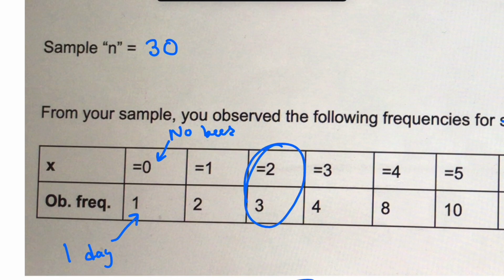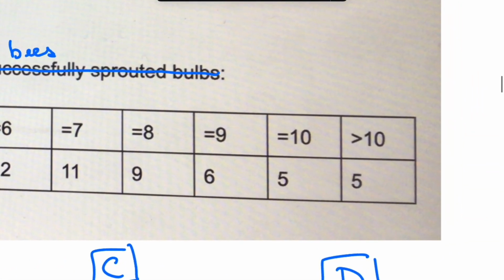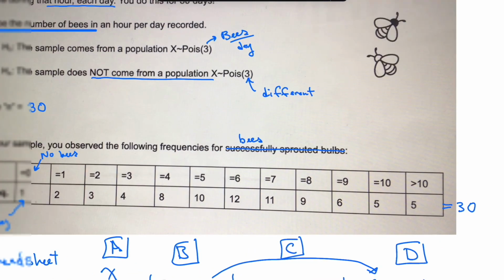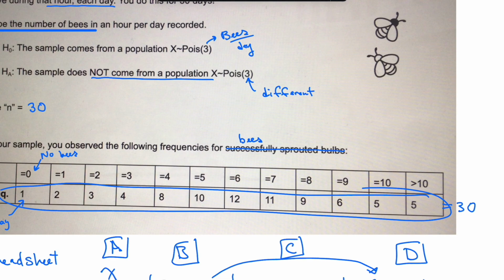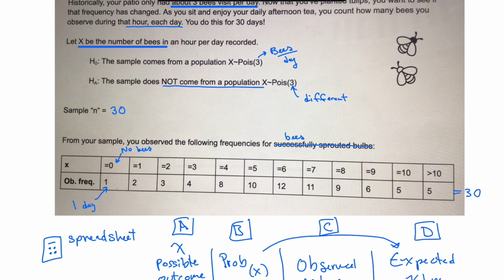On 3 days, you got exactly 2 bees. See what's happening? And you went all the way up. And for 30 days, so if you totaled up this entire row, you'd get 30 days total. Each day falls into some kind of category. And this last category is getting more than 10 bees.